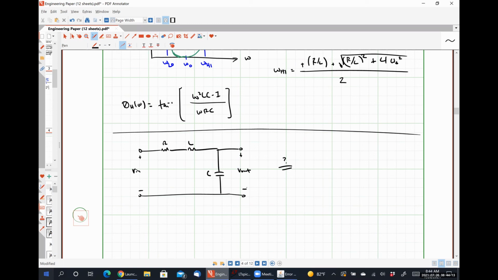At very low frequencies, let's look at our impedances. Let's call this J omega L, and let's call this 1 over J omega C.